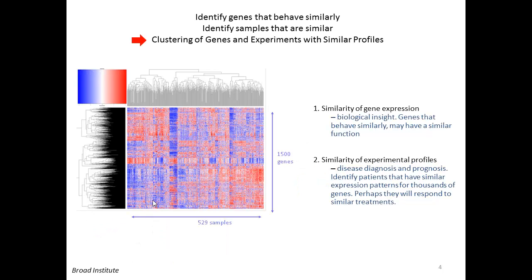And here you see the patterns a little more clearly. In this case, only 1,500 genes are represented from a larger sample, and the expression has been looked at in 529 samples, and you can see that samples which have similar profiles have been arranged to be near each other.